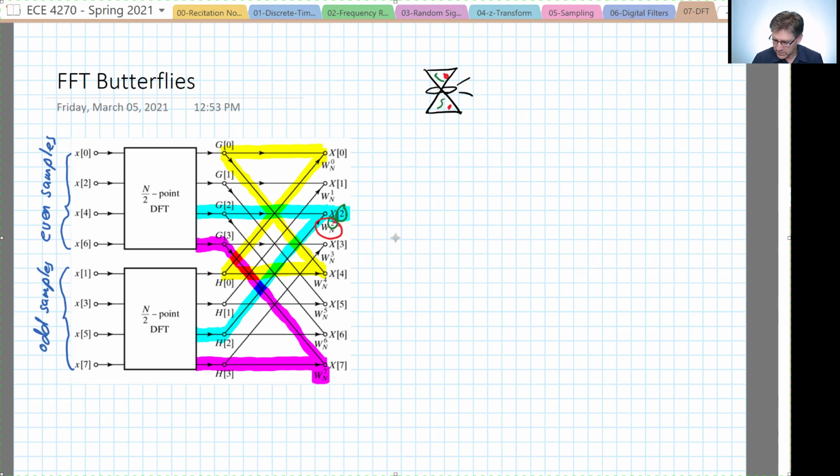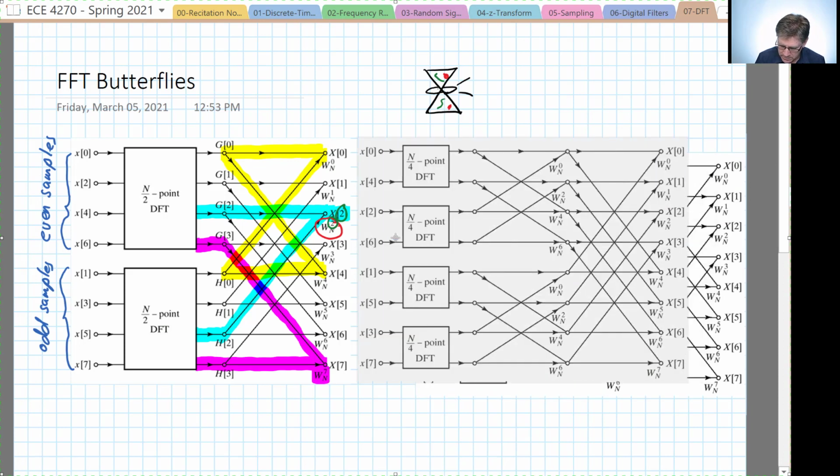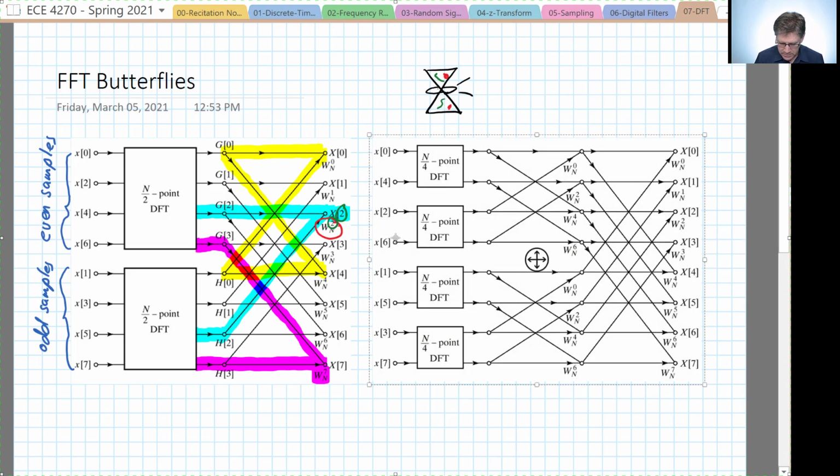So once we've done this, that worked so well the first time. Why don't we take our n over 2 point DFTs and divide them further. If an n point DFT can be computed with 2 n over 2 points, then maybe an n over 2 can be computed with 2 n over 4 points, and sure enough, it can, and that's not really hard to see.